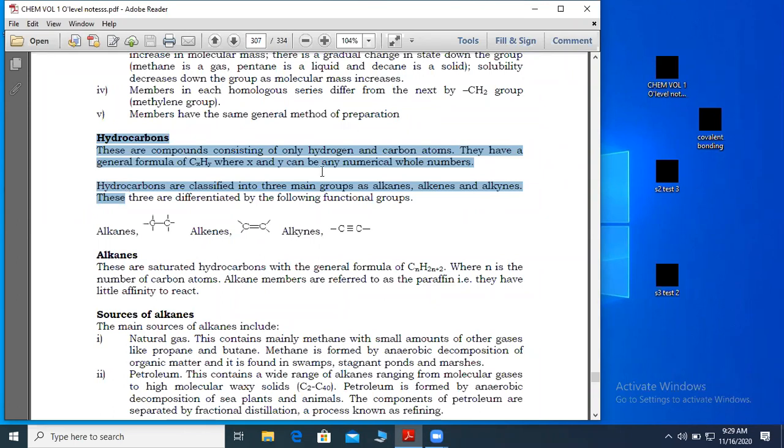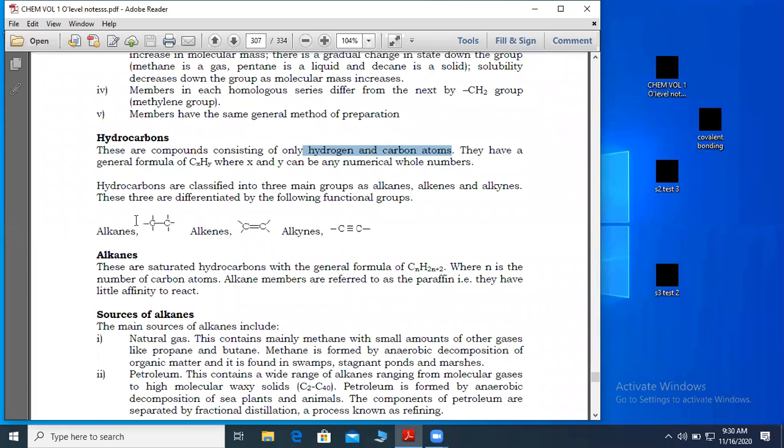A hydrocarbon: the word hydro comes from hydrogen, and carbon is carbon. So hydrocarbons are compounds consisting of only 2 atoms, that is carbon and hydrogen. That definition you need to know. Hydrocarbons are compounds that are made up of only 2 atoms, carbon and hydrogen.